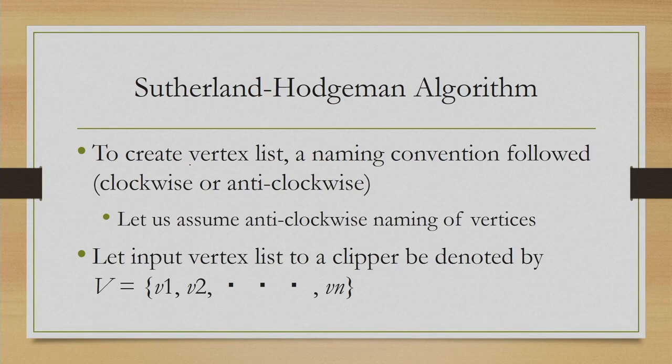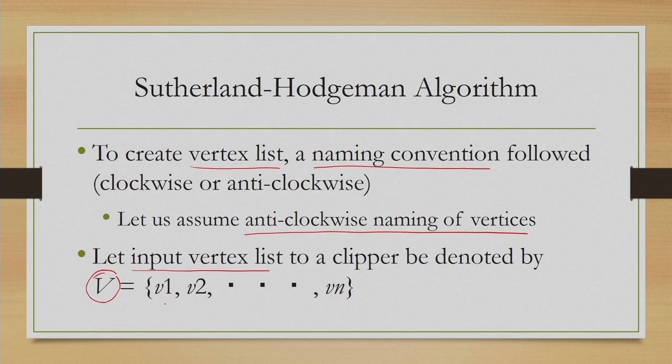Now, to create a vertex list as output, or also to provide the input vertex list, we need to follow a naming convention, whether to name the vertices in a clockwise manner or anti-clockwise manner. Here again we will assume that we will follow an anti-clockwise naming of vertices. With these conventions, let us denote input vertex list to a clipper by the set V having these vertices.